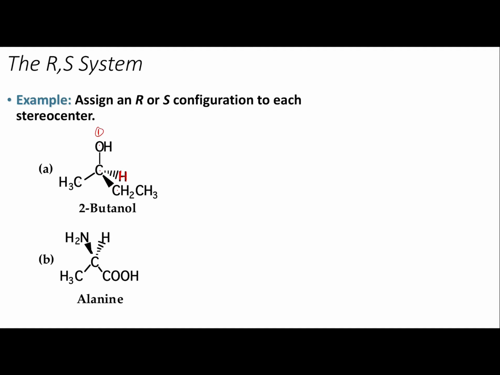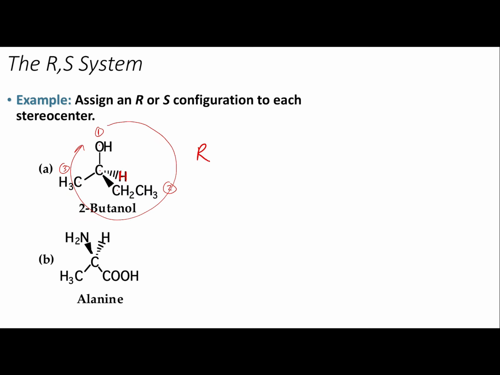So I think the carbon with the extra carbon on it is going to be our number 2, and that makes this the number 3. And so when we read this from 1, 2, 3, it's clockwise. So that's going to be R. So this would be R-2-butanol. That's how we would name it.